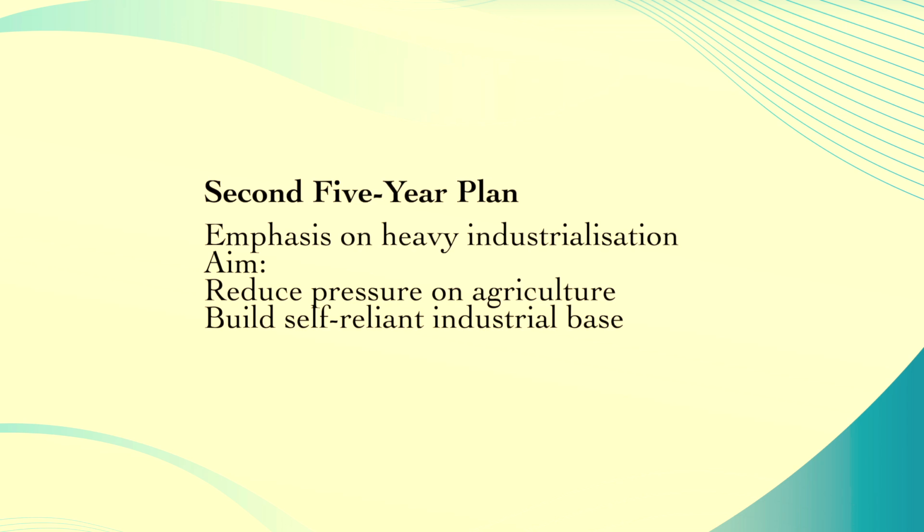By promoting forward and backward linkages within the industry, the plan sought to create a robust industrial base. And this approach led to significant growth in the capital goods sector and laid the foundation for a self-reliant industrial economy in India.